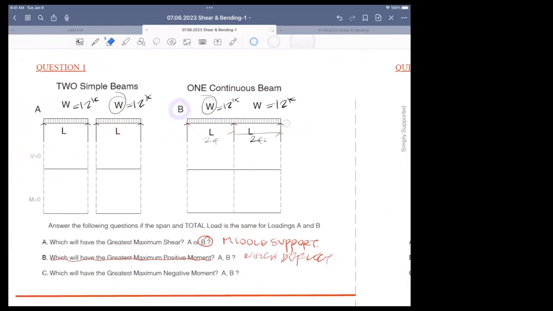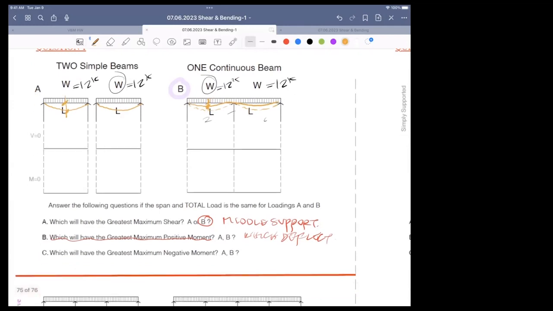So I'm going to start looking at these guys. You deflect this much. You deflect this much. You don't deflect this much. That's not true because you do that. That's a continuous beam. So I think this deflection is greater than this one.